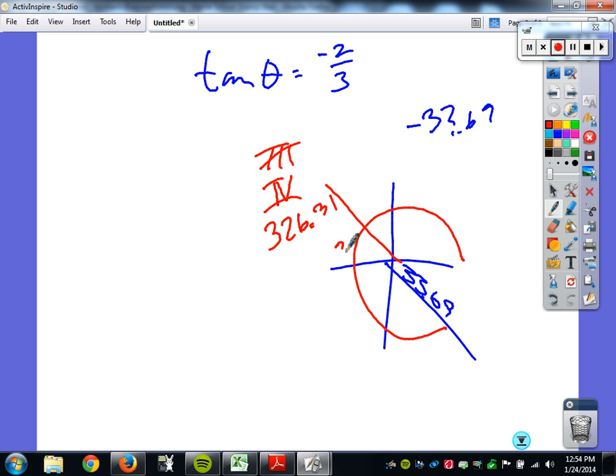And this would be 33.69 because they should have the same reference angle, correct? So therefore this is 180 cut back 33.69, which is 146.31. Right? And there's your two angles.